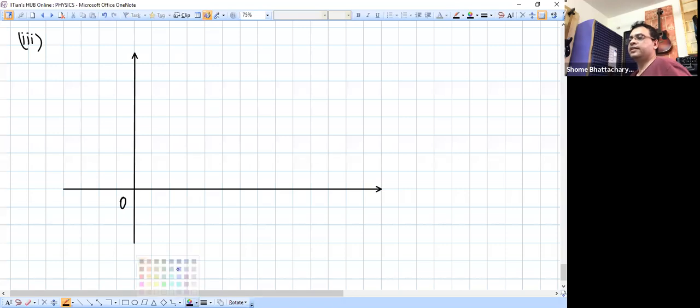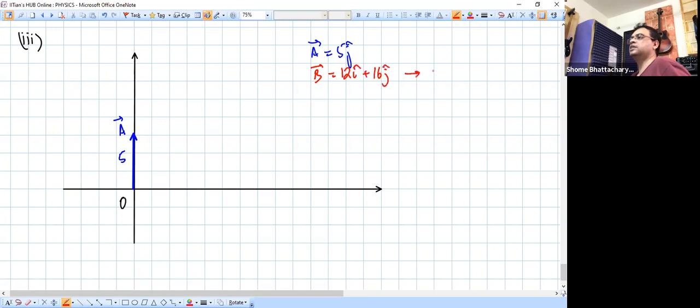Okay. So my vector A was 5j cap. So it's a vector of magnitude 5 along the y-axis. It's a vector like this. This was the vector A. Its magnitude was 5. And the vector B, that was 12i cap plus 16j cap.